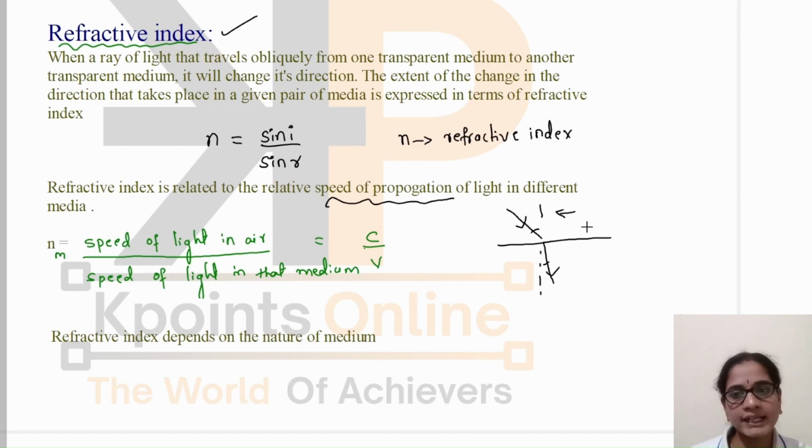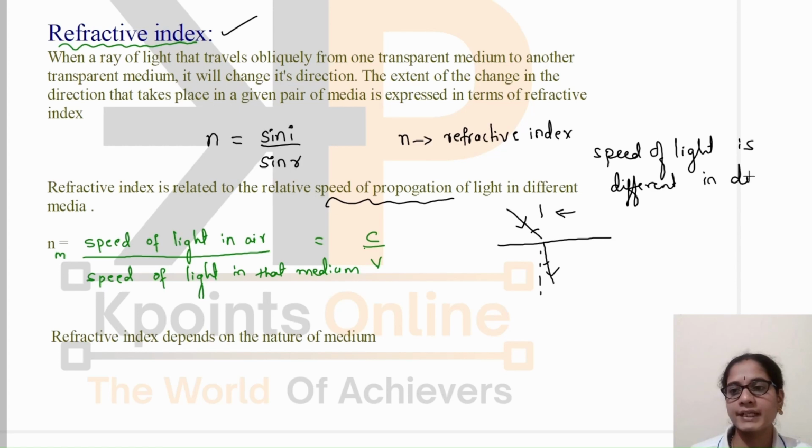This is one medium and this is another medium. Whenever light travels from one medium to another medium, there is a change in the speed of that light, because of which it is bent. It is bent either towards the normal or away from the normal. Yes, the speed of light is different in different media.